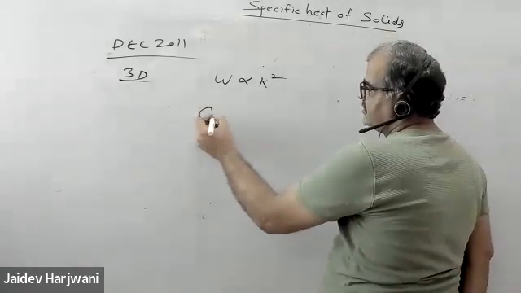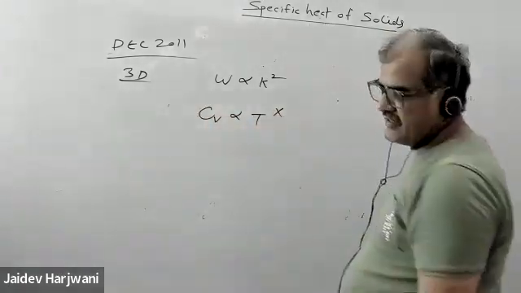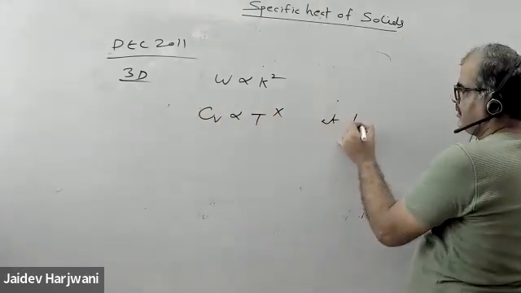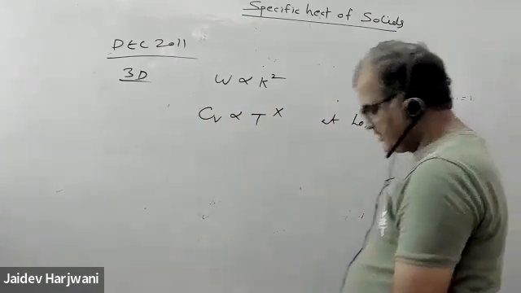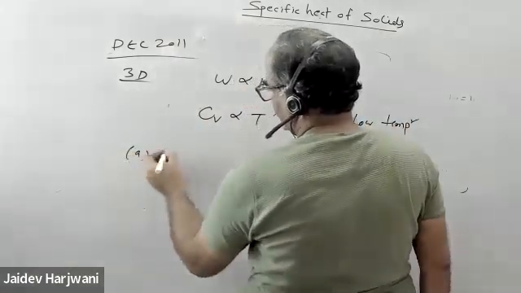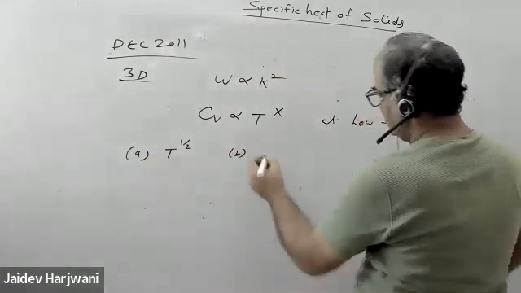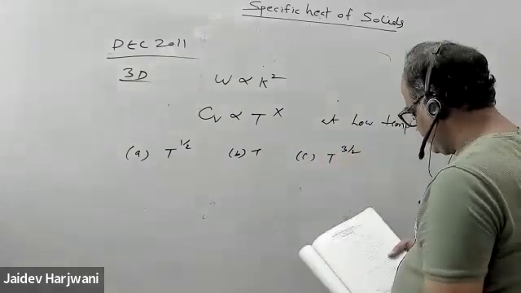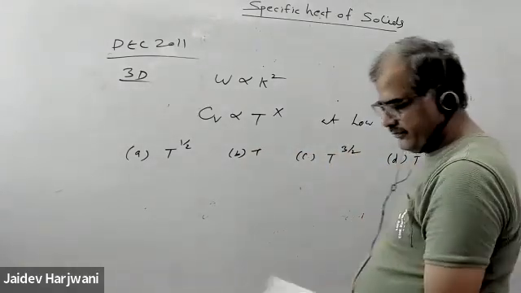So you're asking how Cv depends on temperature at low temperature. Okay, tell me the answer. So I'm writing options. Option A is T power half, B is T, C is T power 3/2, and D is T cube. Let's see.